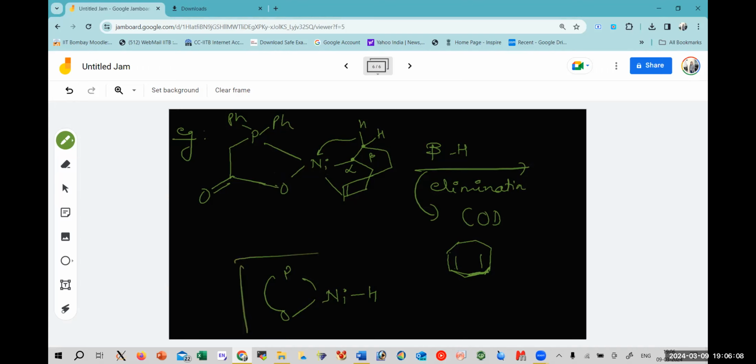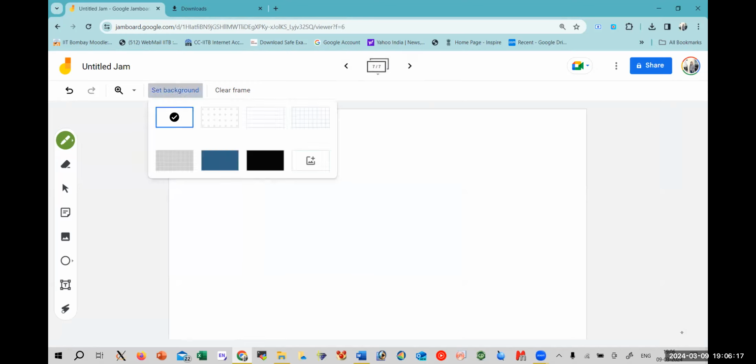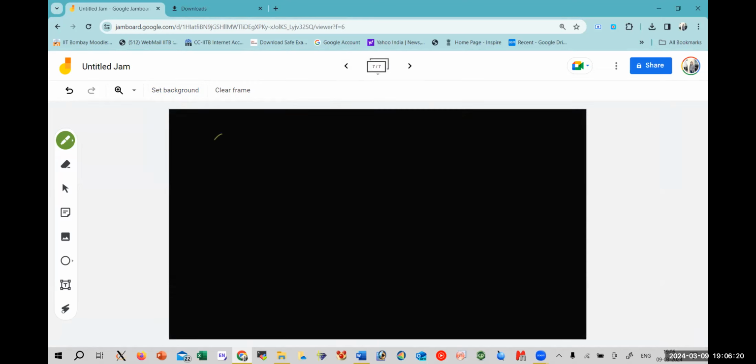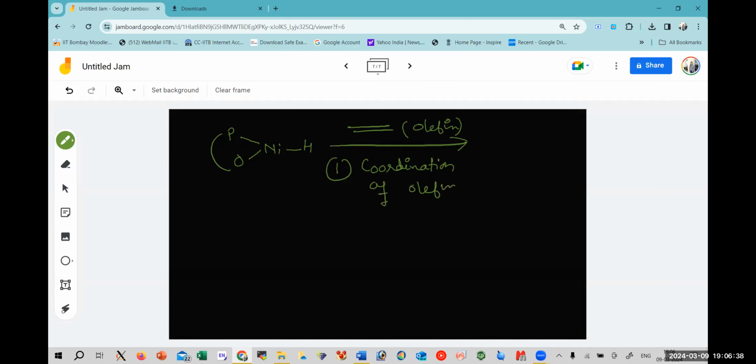Once this is our active species, and once this is formed, now I have nickel hydride, and this is your olefin, simple CH2 we are taking. The first step is the coordination of the olefin, because there is a vacant space.